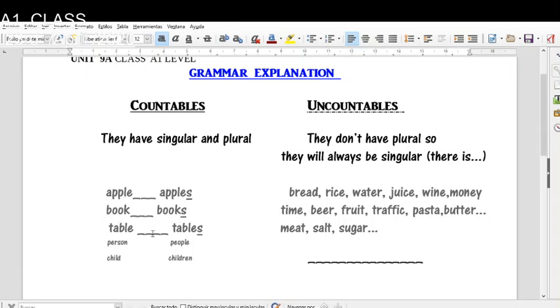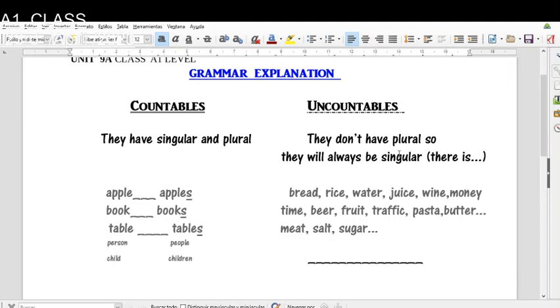Book, box. Table, tables with an S, because they have plural or irregular plural. For example, one person, two people, one child, three children. Then these are countables. Uncountables, they don't have plural. We can't count them. No plural.